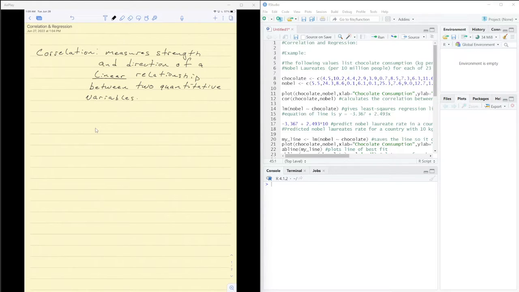Okay, and just like how we have symbols to denote things, correlation is usually denoted with the letter R.